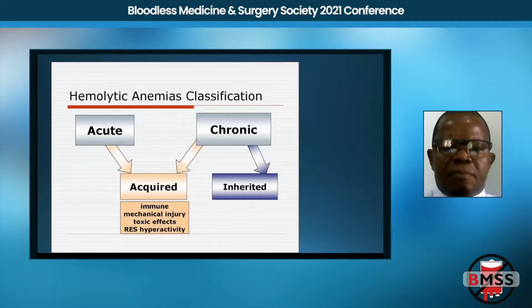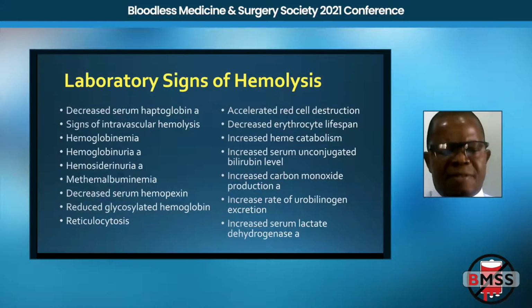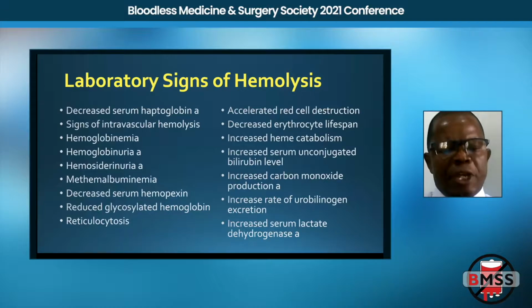Now, next slide, please. So there are many things we are going to see in hemolytic states, and there are so many kinds of hemolytic anemias, as we are going to see some of them in the course of this presentation. But there is a surrogate to looking at the marrow, and that is the reticulocyte, the young red cells.